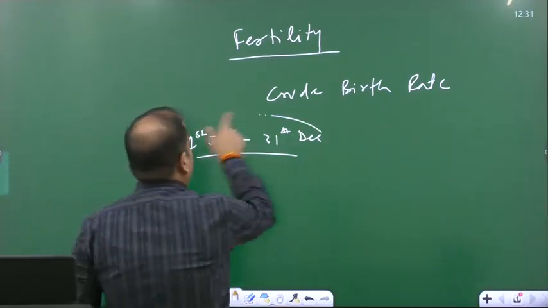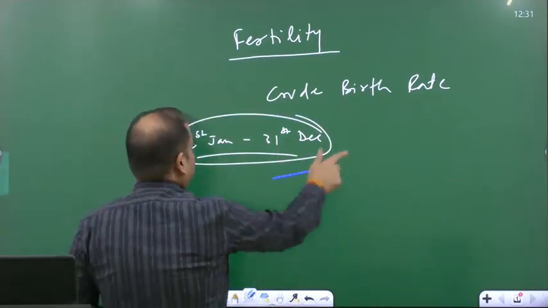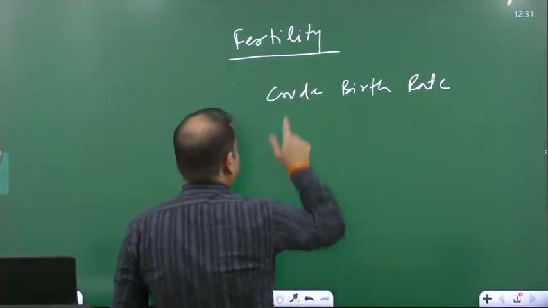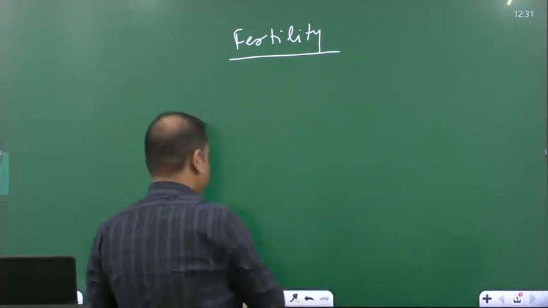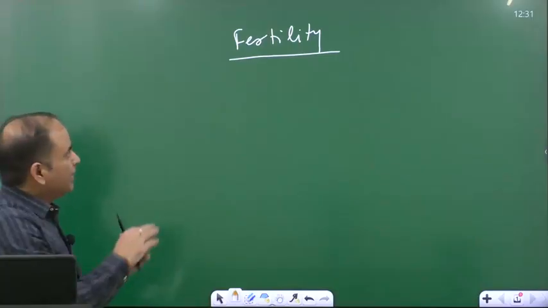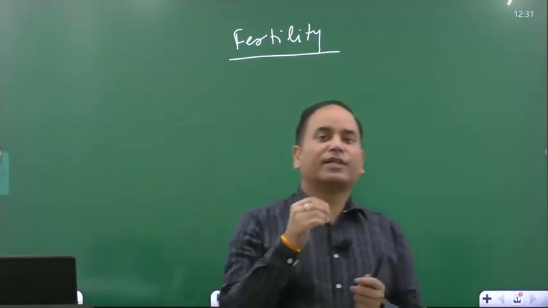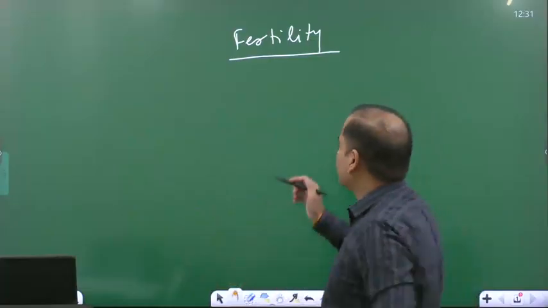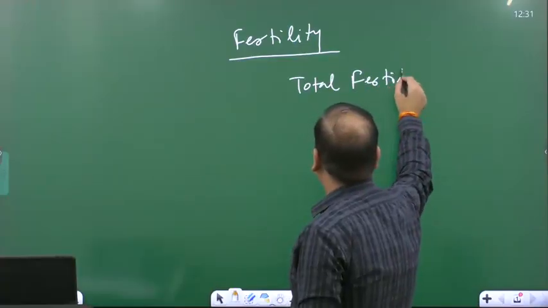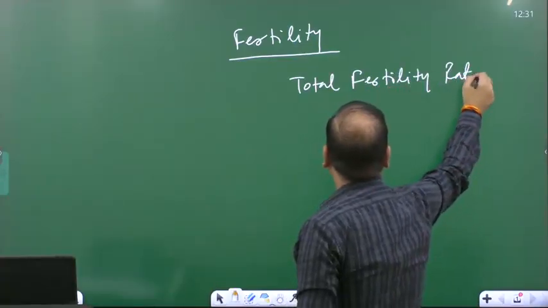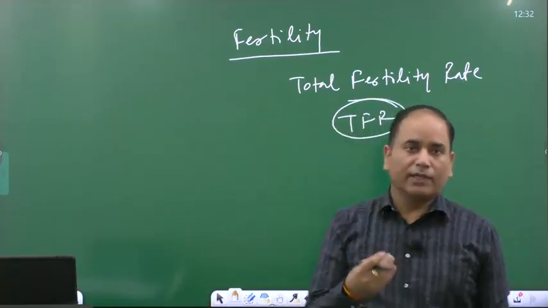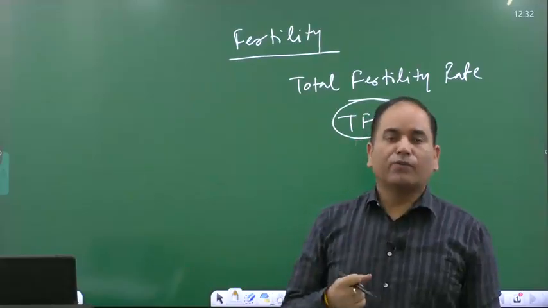Now, this is a definition, but in general, when we go the arithmetic way, we look at the crude birth rate. But in simple words, when we use the term fertility, it is associated with total fertility rate. We call it TFR. Total fertility rate. Now, what is this TFR?